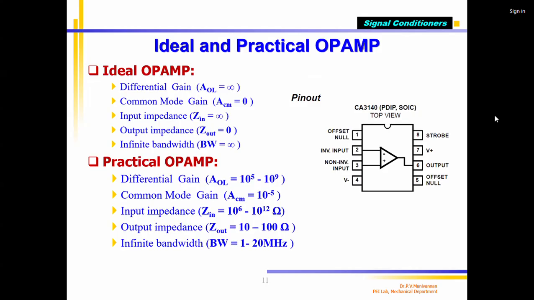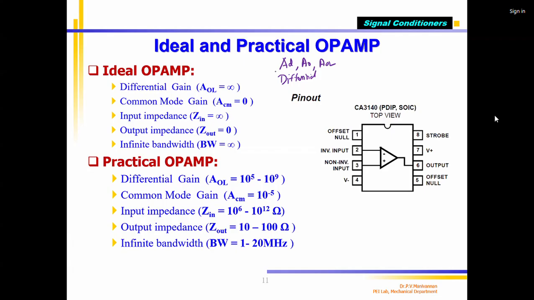Ideal op-amp. These are important. One is called differential gain, which is AOL. AD means differential gain. Op-amps are manufactured by many companies: Philips is making the 741, Motorola is making the 741.